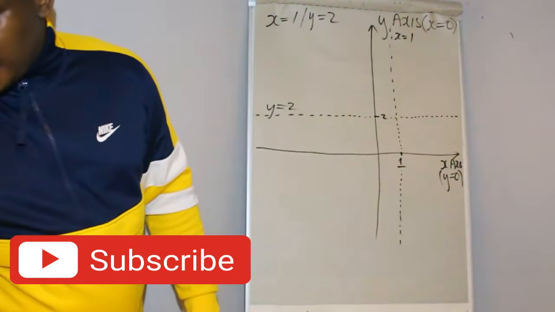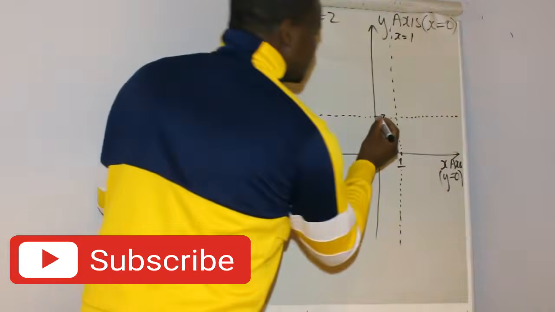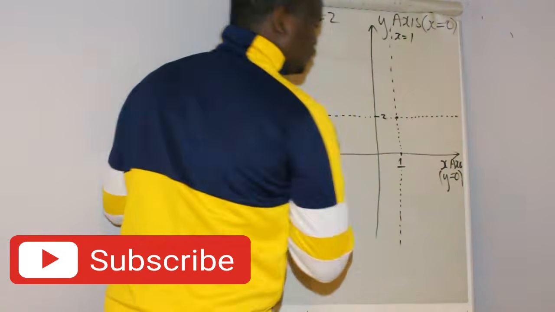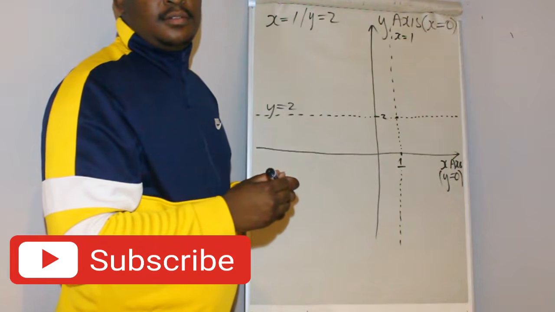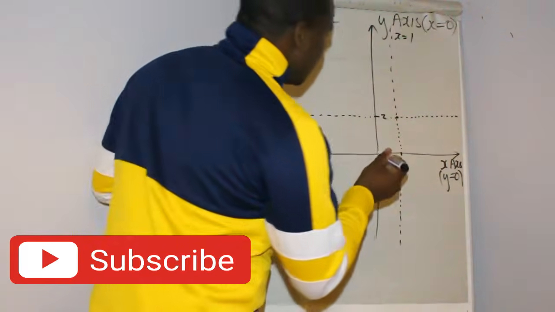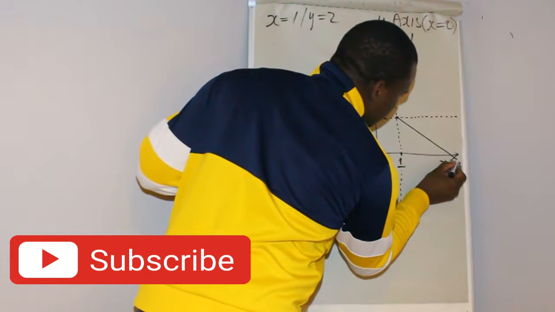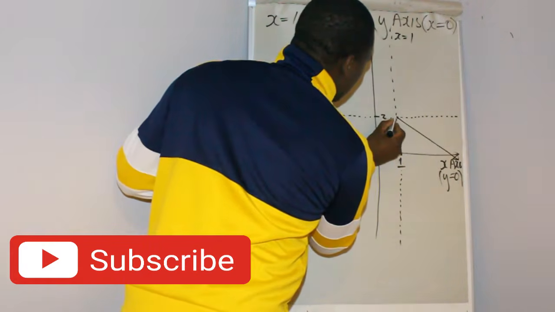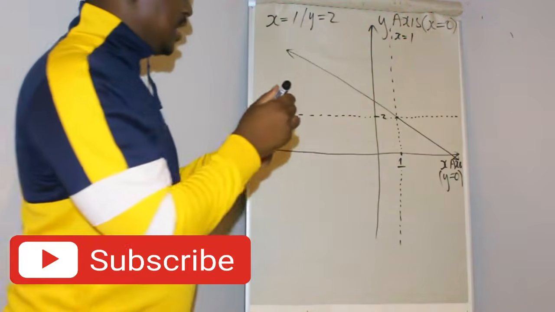And then what else do we have? We have the line of symmetry. We said the line of symmetry passes through this point here. It's a negative line. It's a line of symmetry. So this line goes up, continues in that direction.